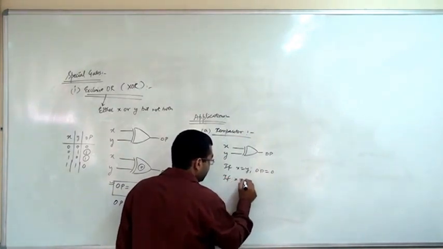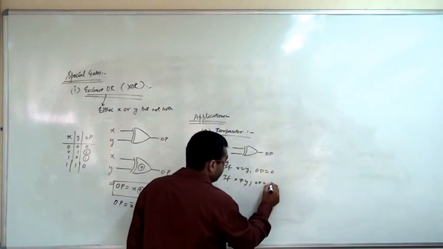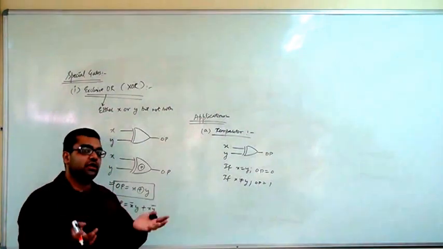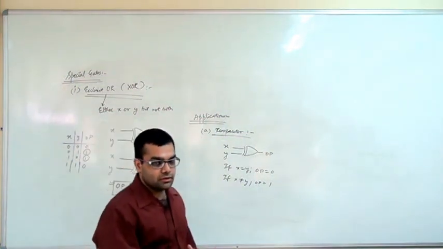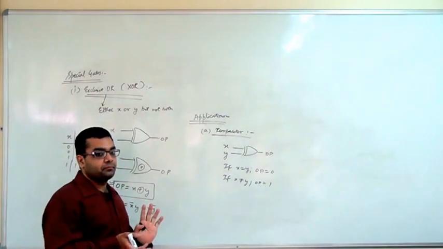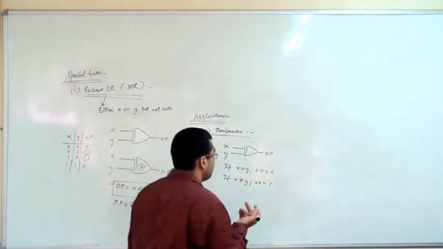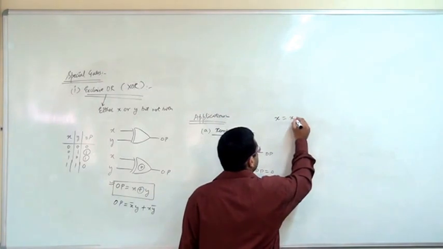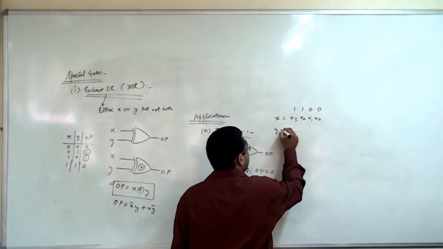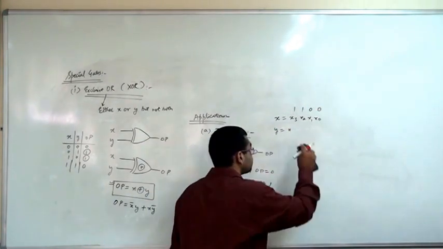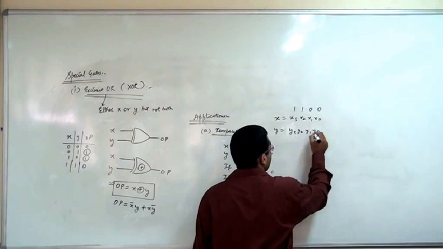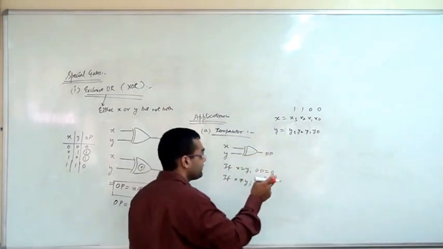If X is not equal to Y, then the output will be 1. The basic concept is, if you have two 4-bit numbers, X represented by X3, X2, X1 and X0, and Y by Y3, Y2, Y1 and Y0, making it a comparator, I can compare bit by bit.